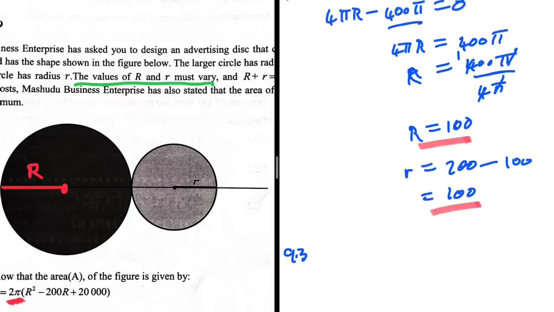But in order for this to be a minimum, the values of capital letter R and small letter r must not vary. They must all be equal to 100, right? So this shape is impossible because they are saying that they want it to be a minimum and they want the values of R and r to vary. But that cannot be true at the same time. Those two events are mutually exclusive. Here we go.